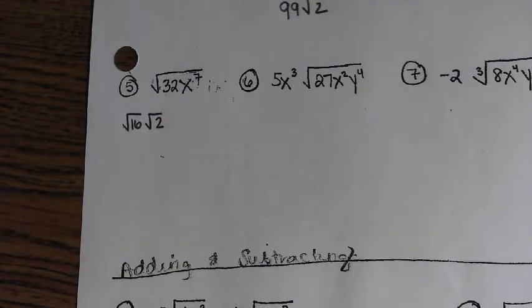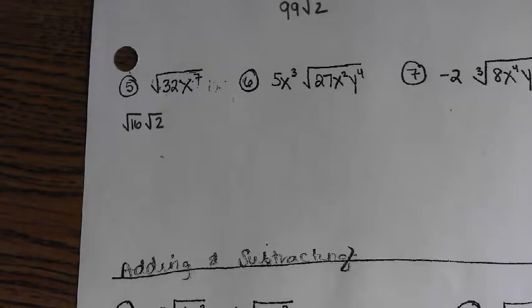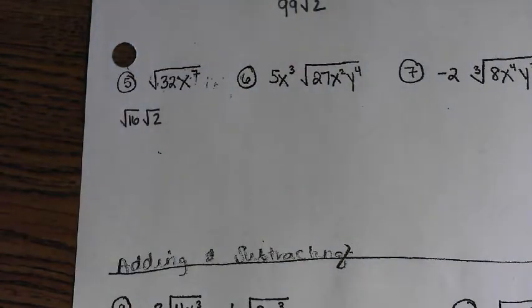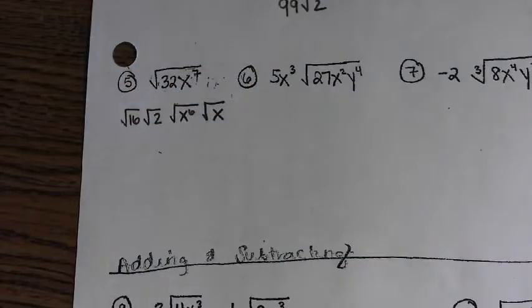When you're looking for a square root, your exponent needs to be a multiple of 2, aka even, right? Is 7 a multiple of 2? No. But if you go just underneath 7 to 6, x to the 6th we could take the square root of. So we're going to break down x to the 7th into x to the 6th times x. That's using your exponent rules a little bit, right?